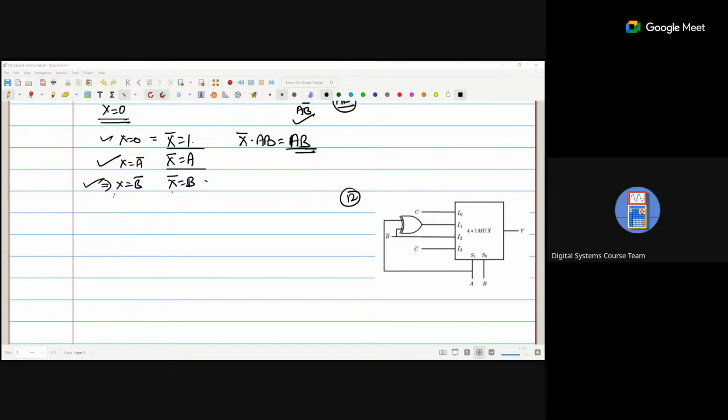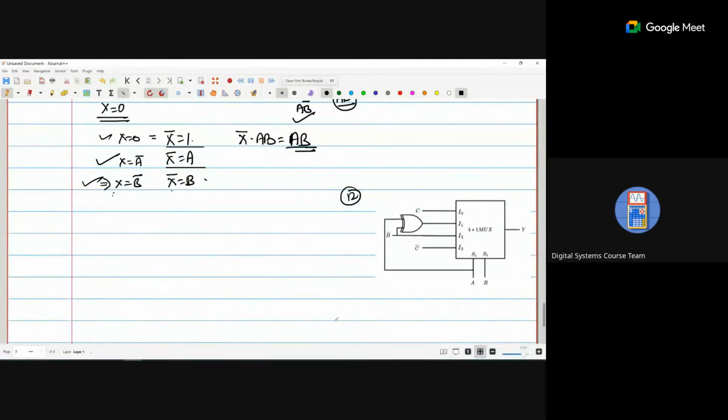I think we solved this type of question in the last class. I will solve it. So F(A, B, C, D) is equal to product of maxterms. Can anyone tell the terms?